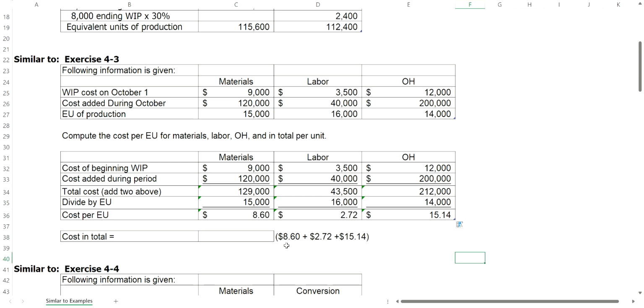So now, as you notice, I have to decide if I add the $8.60, the $2.72, and the $15.14. That gives me $26.46 as a cost per unit.